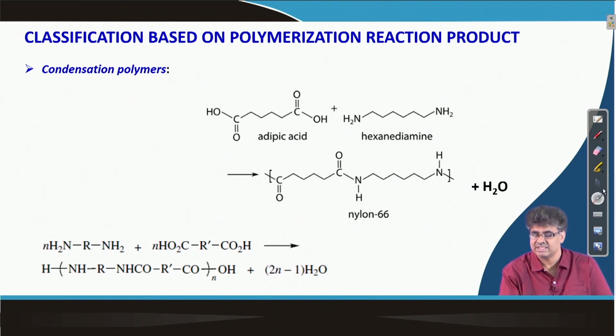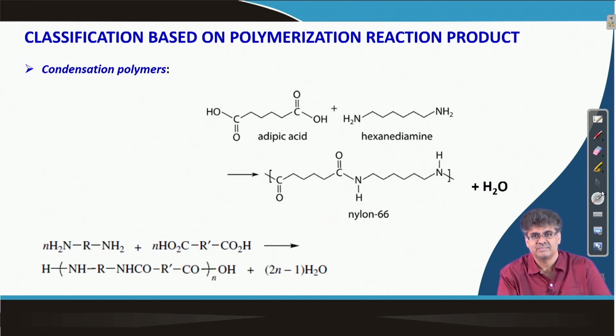So, now we have discussed addition polymers and condensation polymers, and we will also discuss after some time chain growth polymerization and step growth polymerization, which basically depend on the mechanism of polymerization, and these two classifications are related.